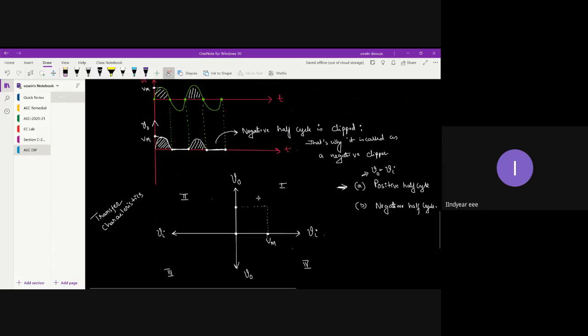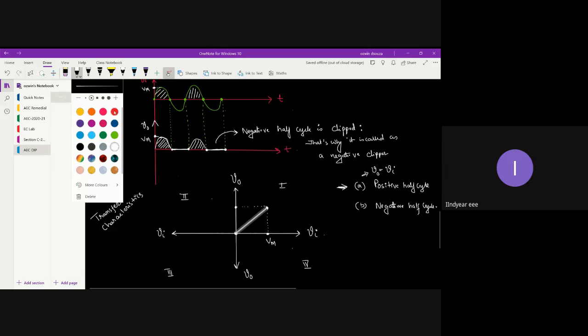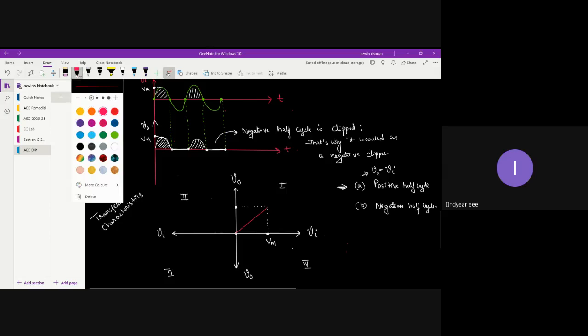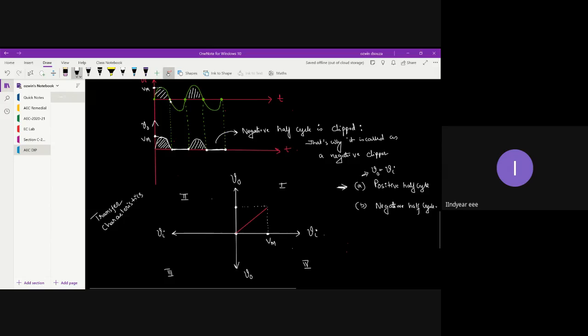I'll use a line. I'll just change the color so that visibility becomes better. So this is for the positive half cycle. Now in the negative half cycle, as you can clearly observe, when the input is 0, what is your output? Output is also 0, so that is nothing but tracing the origin.